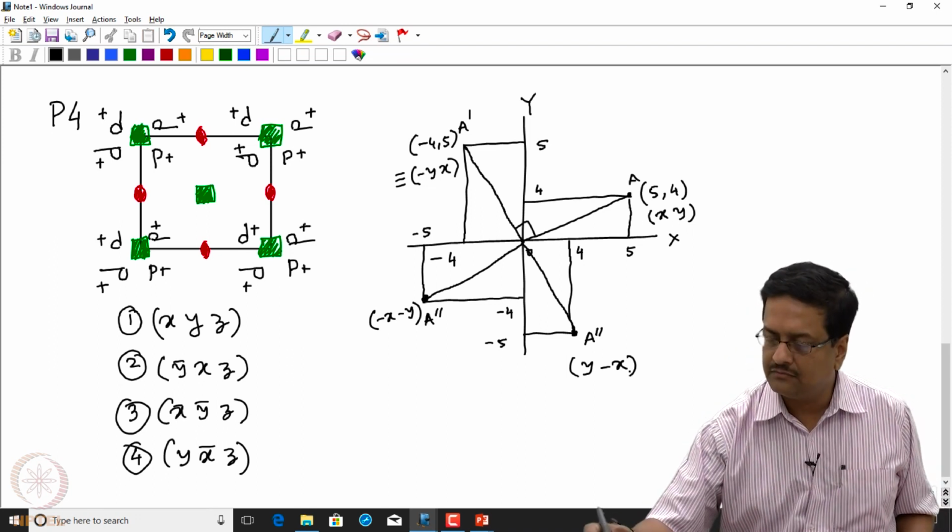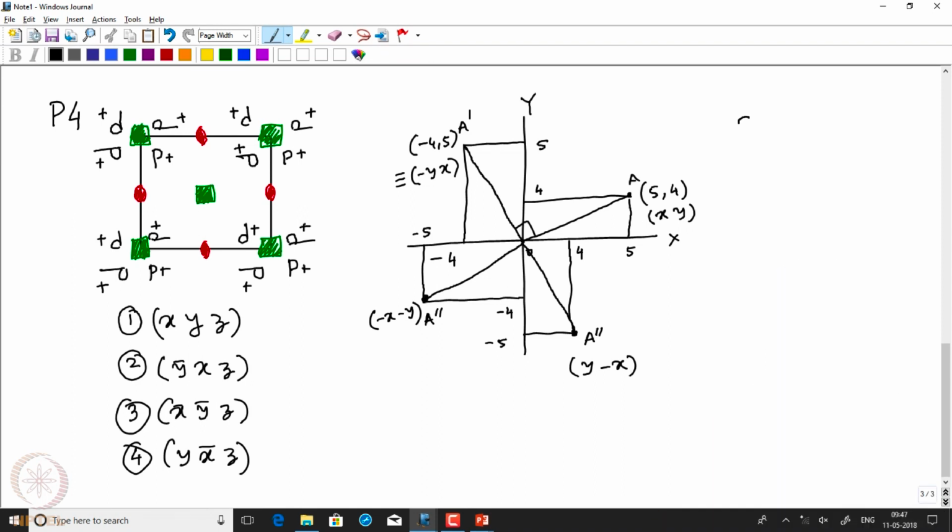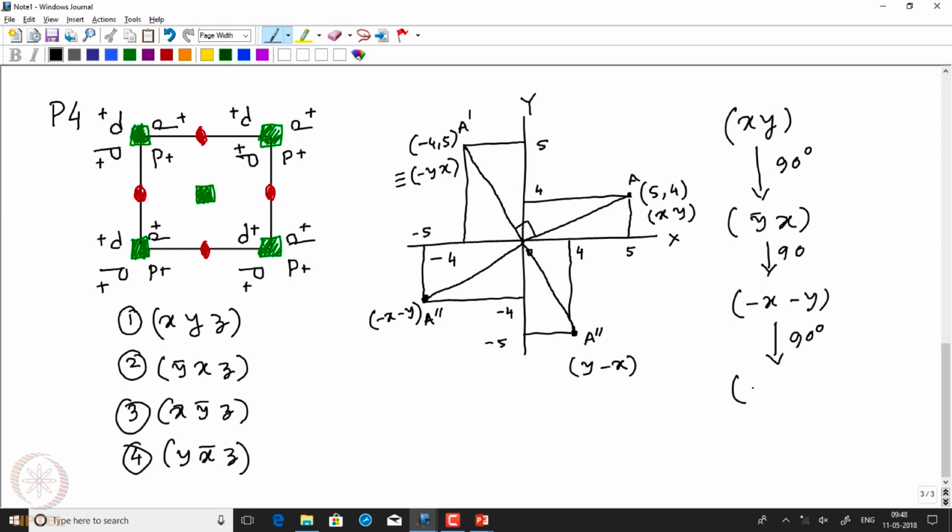So the point x y on doing a 90-degree rotation changes like this: you make a 90-degree rotation, it becomes y bar x, another 90-degree rotation, it becomes minus x minus y, another 90-degree rotation, it becomes y x bar.